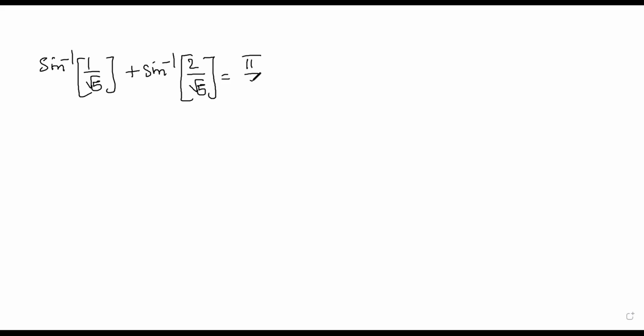So you have sin inverse 1 by root 5 plus sin inverse 2 by root 5. We got to show this is equal to pi by 2. So how do we do that? Let sin inverse 1 by root 5 be alpha. So sin alpha happens to be 1 by root 5.